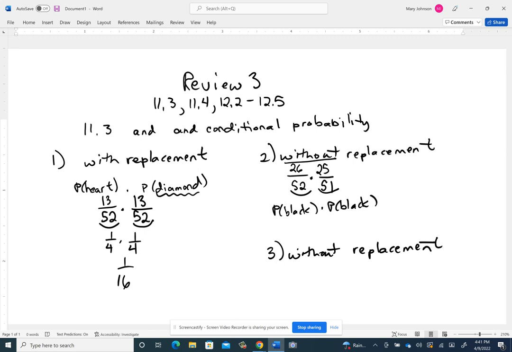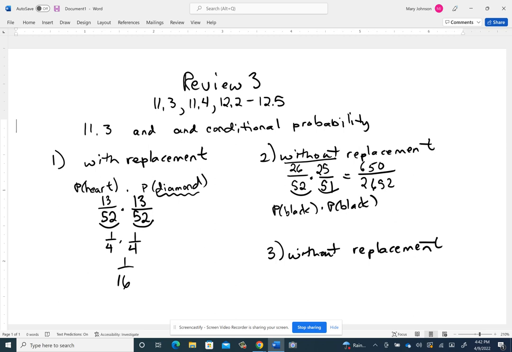And again, you can multiply straight across when you do this and then simplify at the end. So for instance, 26 times 25 would be 650. And then down here, you could do your 52 times 51, which is 2,652. And then you can divide on your calculator those 2 numbers.